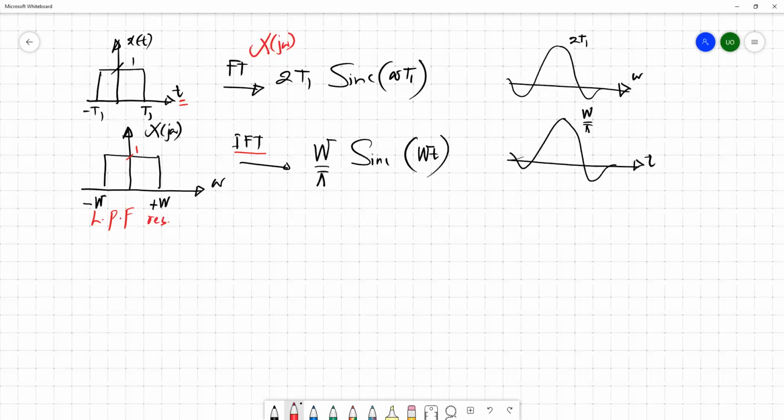Then we applied the inverse Fourier transform and obtained this sinc function, which is in the time domain. So this is in the frequency domain, this is in the time domain, this is in the frequency domain, this is in the time domain, and this is the frequency domain.